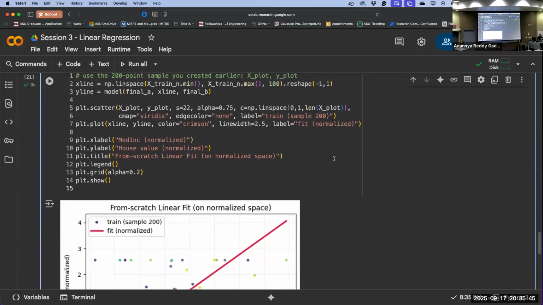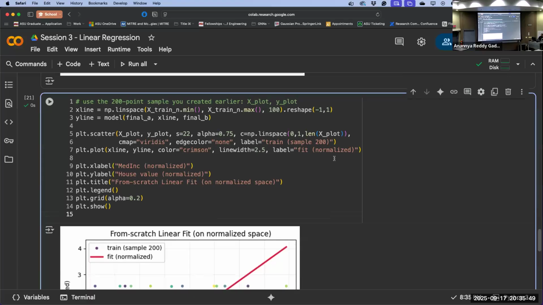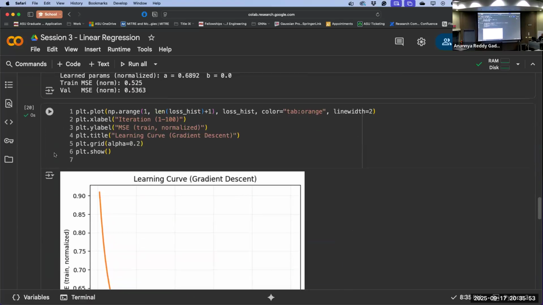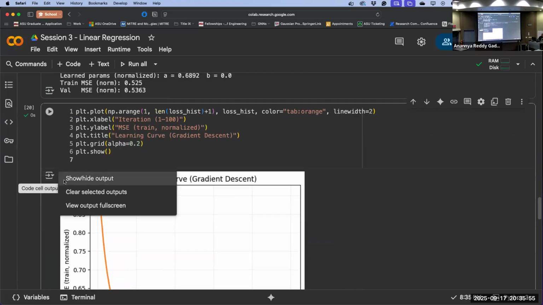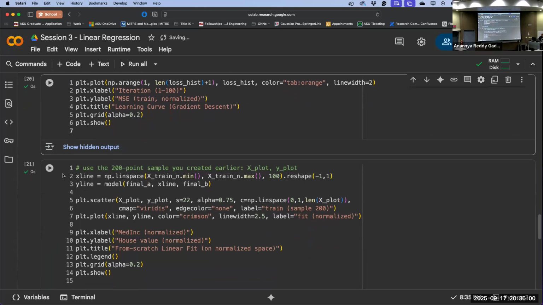So this is the final graph that we are going to, oh, I'll just minimize this. You can keep. Yeah, go on.